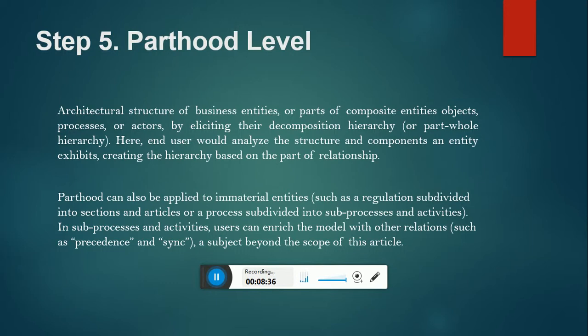Parthood can also be applied to immaterial entities, such as a regulation subdivided into sections and articles, or a process which is subdivided into sub-processes and activities. In sub-processes and activities, the user can enrich the model with other relations, such as precedence, a subject beyond the scope of this article.